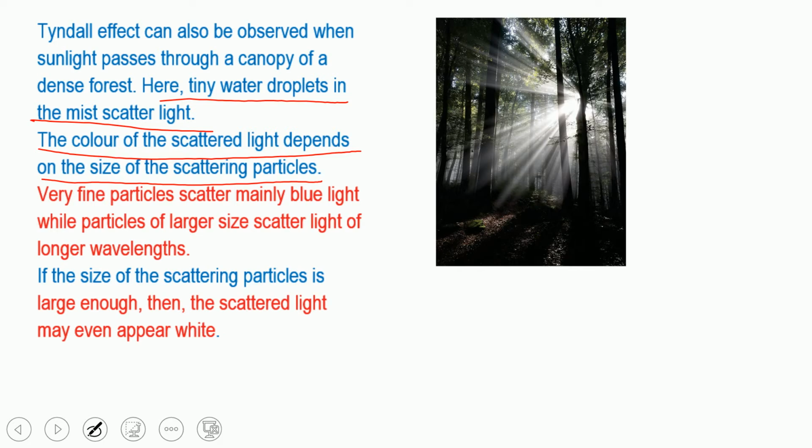Very important: very fine, very small particles scatter mainly blue light, while particles of large size scatter the longer wavelengths. Now here you know that it is VIBGYOR, correct?